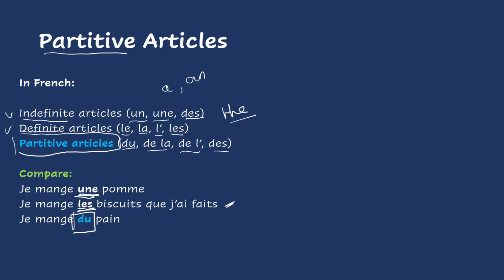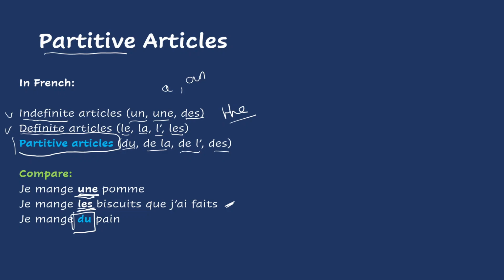So it's a quantity that we don't know about. You eat a part of the bread, or a type of bread that you're not telling us about. So in those instances, you are going to use a partitive article. And partitive article, you have part, right? Part of. That's why usually it's to express some of that noun.